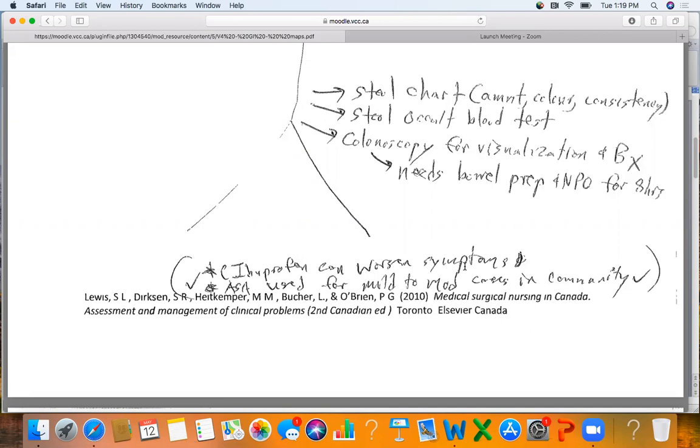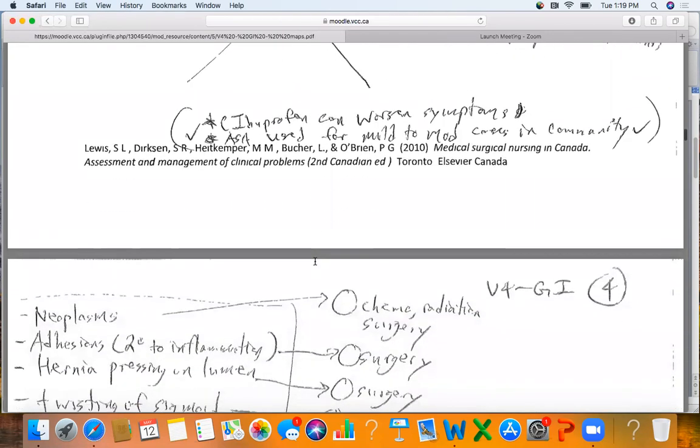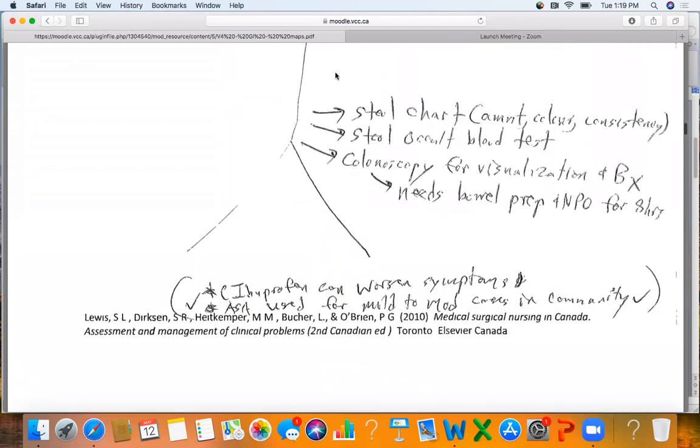So ibuprofen is not recommended. In the community, you see some people using ASA prescribed by the physician for mild to moderate cases. So ASA is okay if it's prescribed by your physician. You likely won't be seeing ibuprofen used, though. That concludes our topic for now.